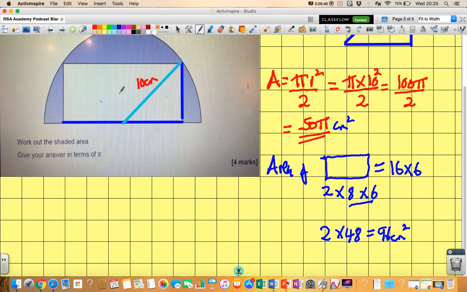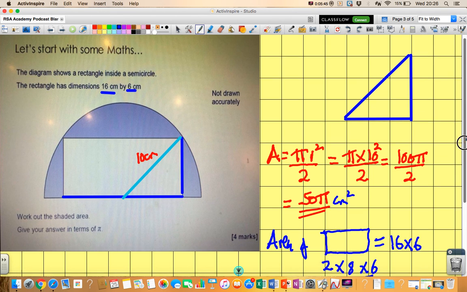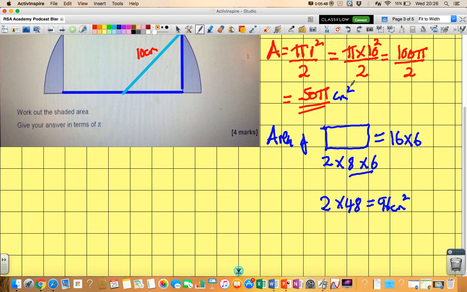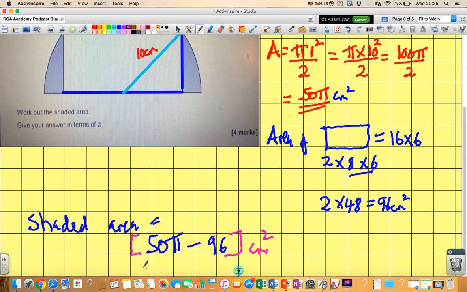Now we need to find the shaded area, and obviously that's going to be the difference of the two. So very simply, that's going to be the area of the semicircle. So shaded area will be the semicircle, which is 50 pi, take away 96, and of course our answer will be in centimeters squared.